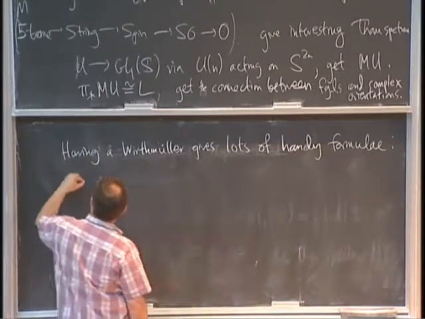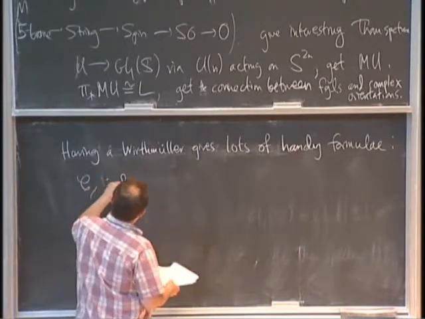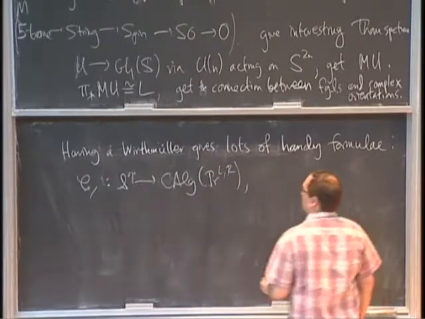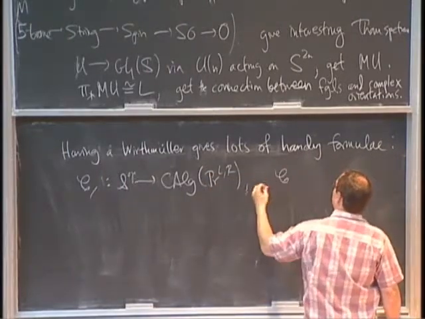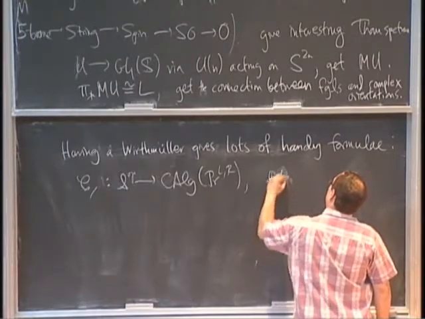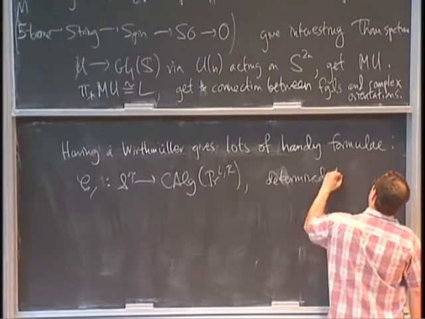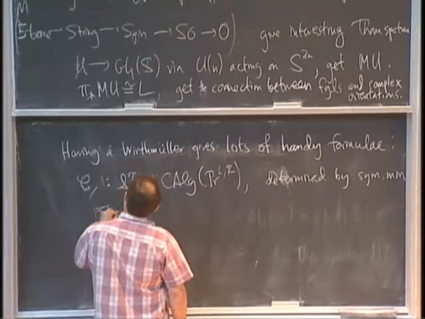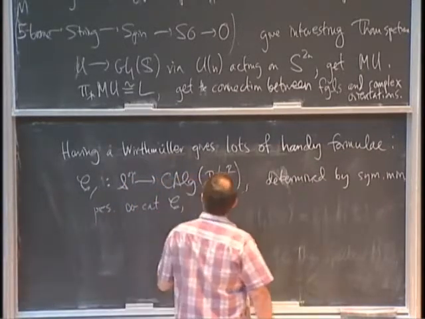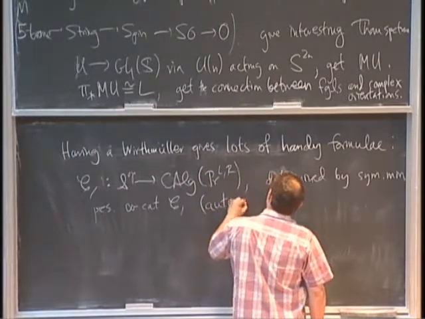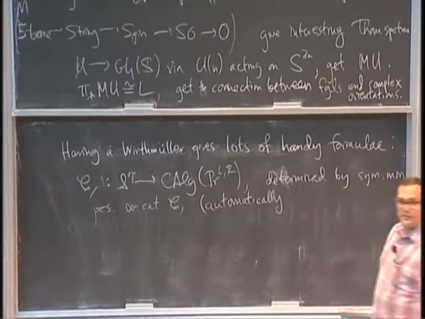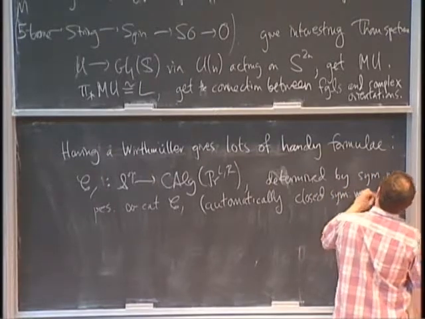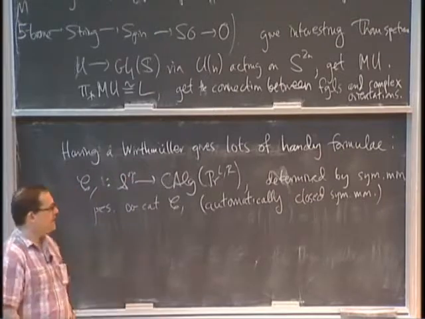If I have a sheaf like this, it's determined by this symmetric monoidal presentable infinity category C, which, by the way, just coming from the definitions, is automatically closed symmetric monoidal. That's an application of the adjoint functor theorem.